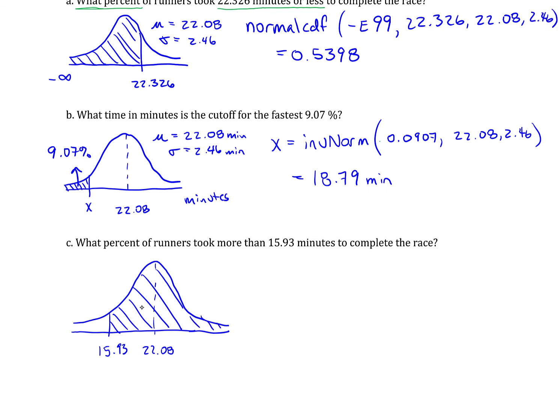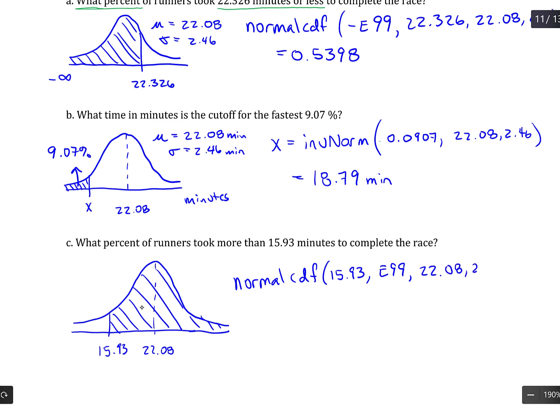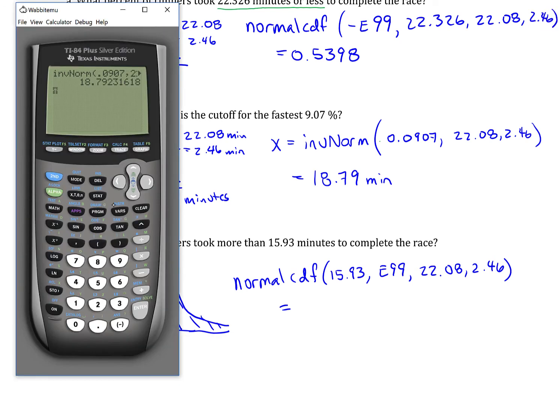So to find that area under the curve, that's where we use Normalcdf. The bounds of the shaded region are 15.93 and positive infinity. Then the mean and standard deviation haven't changed throughout the problem, so we'll just repeat those. Then use the calculator to come up with our answer.